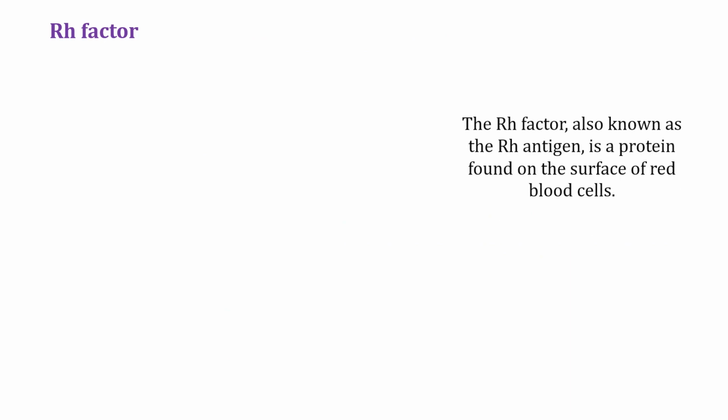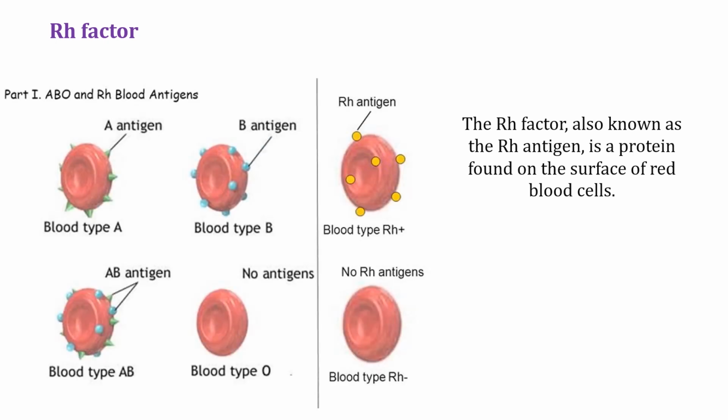Now the Rh factor. The Rh factor, also known as the Rh antigen, is a protein found on the surface of red blood cells. In this picture you can see individuals who have this protein are Rh positive, while those who lack it are Rh negative.